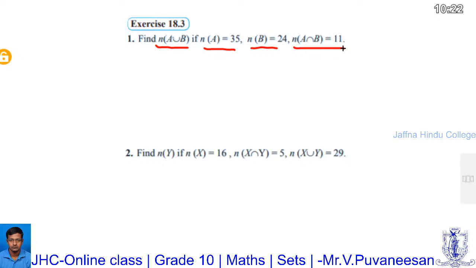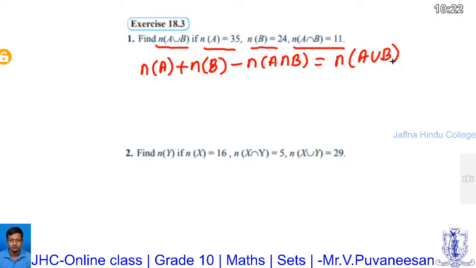What is the formula? Number of A plus number of B minus number of A intersection B is equal to number of A union B. Here we know number of A, number of B and number of A intersection B, and we have to find number of A union B. So we substitute the values given.